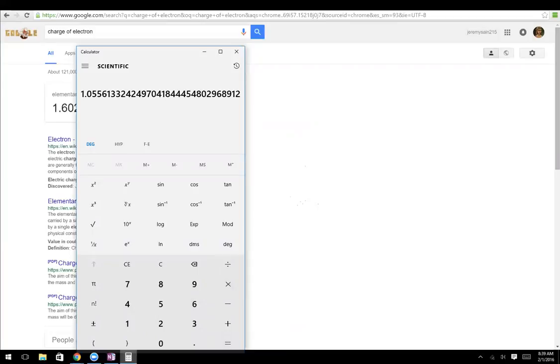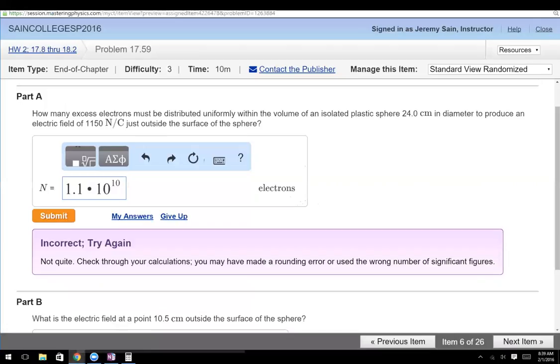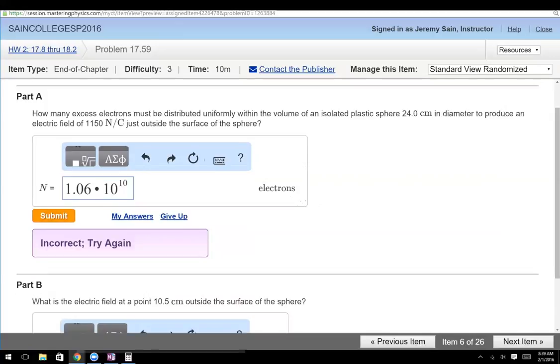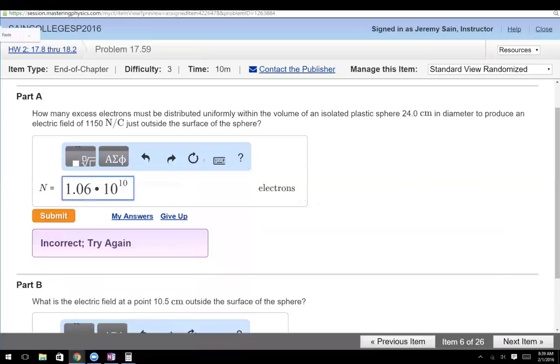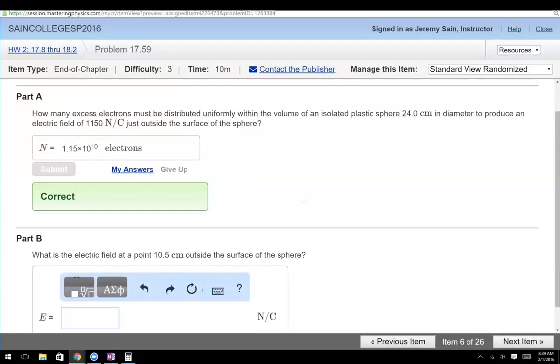So 1.06 instead of 1.1. Oh, no. I did it backwards. I had 1.1, so I needed to times by 1.67 and divide by 1.6. It goes to show you should probably start over instead of trying to jerry-rig it.